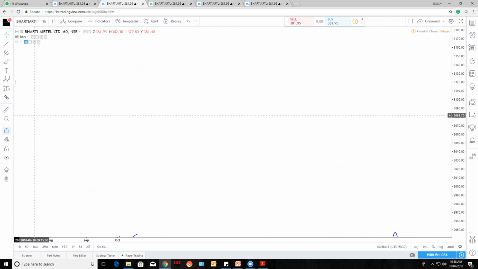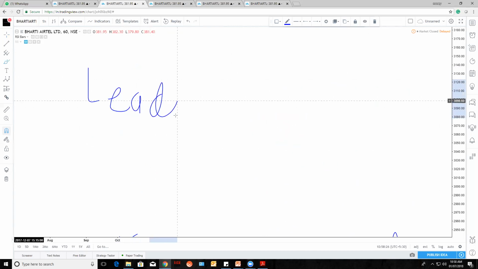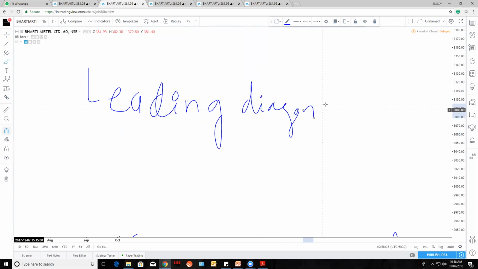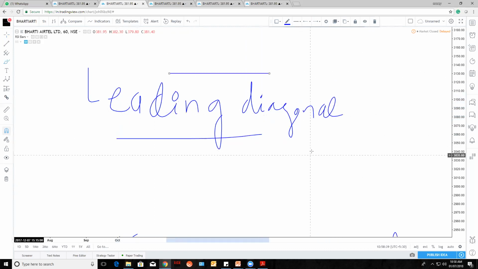Okay, so I'll go through it. Yesterday we learned about an ending diagonal. There is also one more diagonal, that is the leading diagonal. Leading diagonal and ending diagonal.